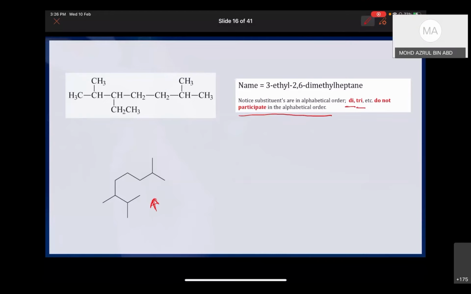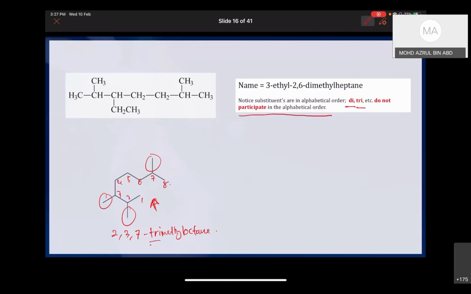So which means we start from here. 1, 2, 3, 4, 5, 6, 7, and 8. Since 8 carbons, octane. And the substituents are attached at carbon number 2, 3, and 7. So we can name it 2, 3, 7 tri, because there are 3 methyl substituents.